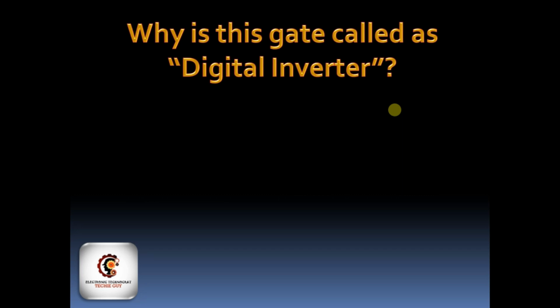Whatever we give as input to the NOT gate, exactly the inverted will be the output. If we give the input as 0, we will get the output as 1, and if we give the input as 1, the output will be 0. That's why this gate is called the digital inverter gate.